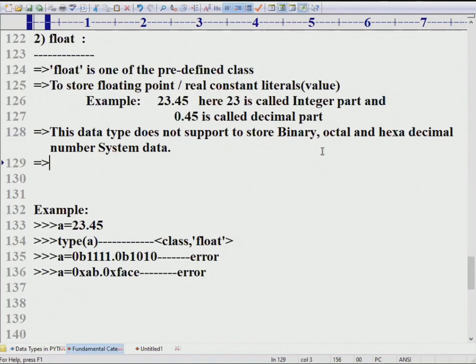Come on guys. Now I will go to the 4th point. Whether you know this point or not, I don't know.